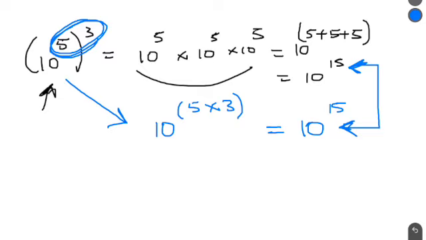So just to summarize what we found here, we found 3 observations about the power of 10, and we can apply them to all powers with the same base.